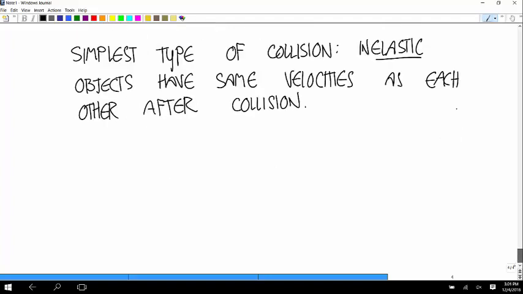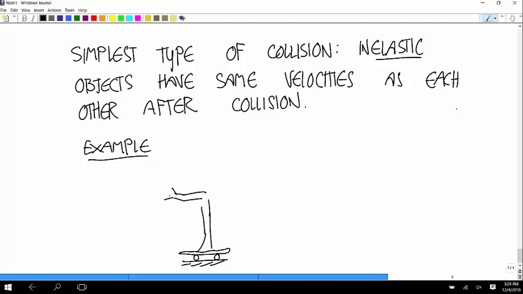Okay, so let's do an example like this. Let's say that there's a kid on a skateboard, and he's trying to catch this ball that's coming towards him with a velocity of 5 meters per second.